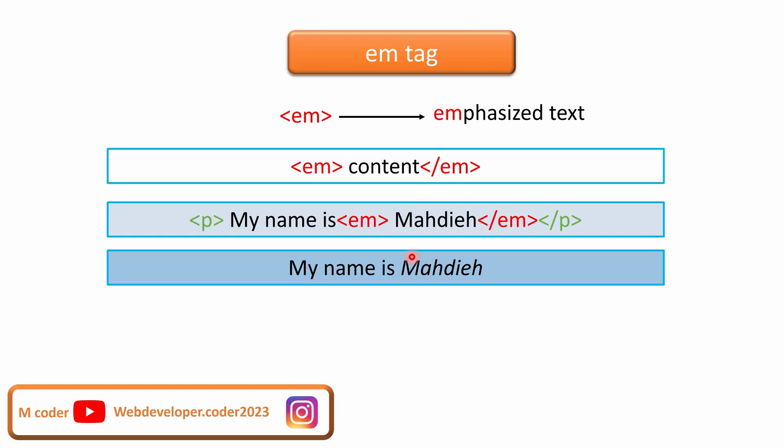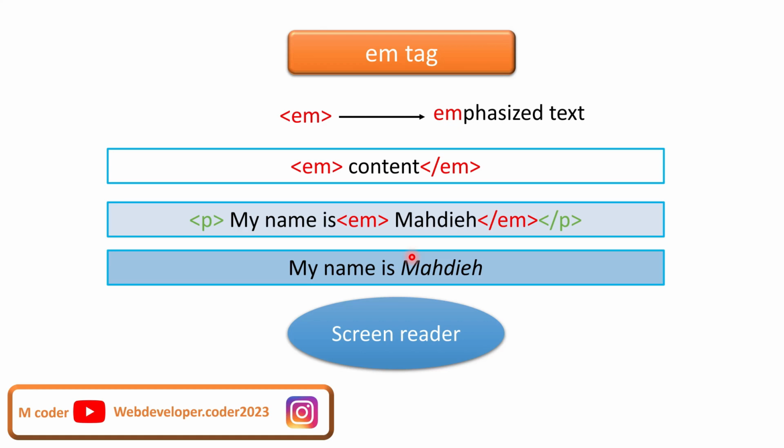But the EM element is for screen readers. As I said before, screen readers are for people who have vision problems or are blind, and they can use this software to browse web pages. The EM element causes the screen reader to read the word with emphasis.